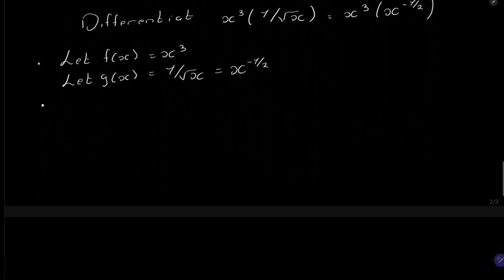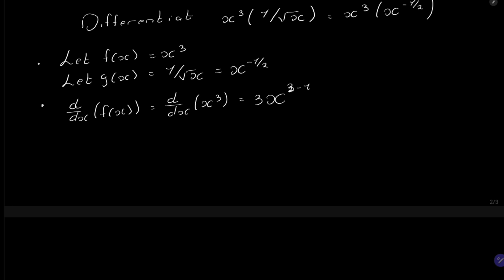Let's start with f of x. The derivative with respect to x of f of x, which is the same as the derivative with respect to x of x cubed, is equal to 3, following our power rule, x to the power 3 minus 1, which gives us 3x to the power 2.